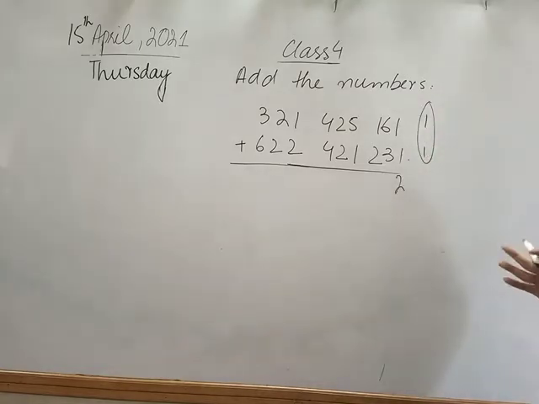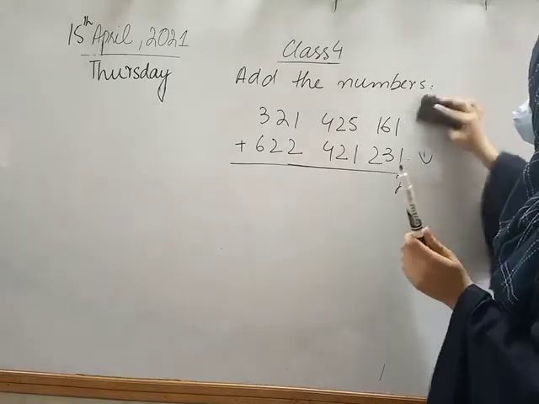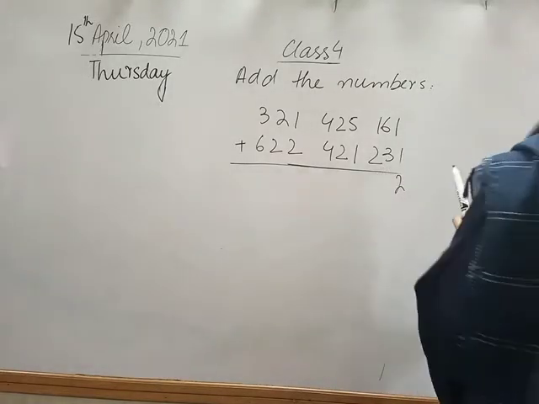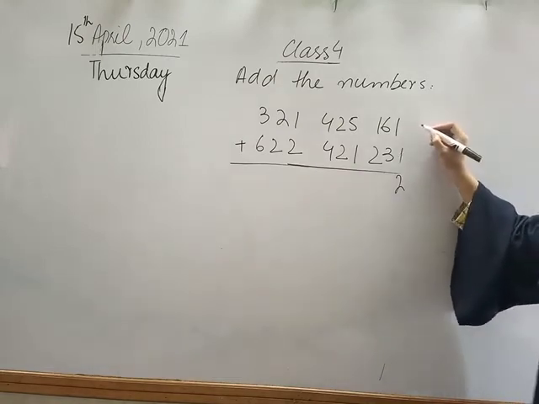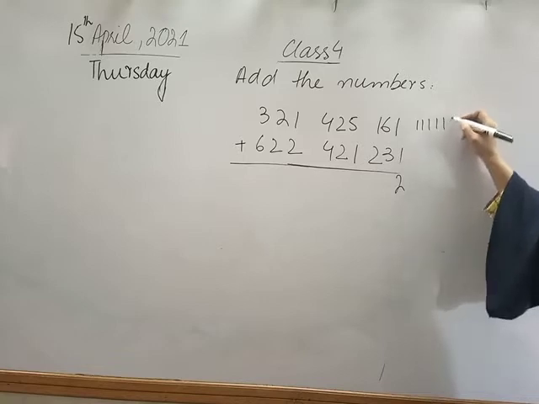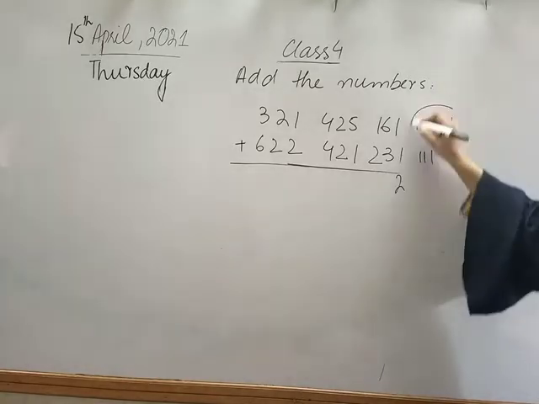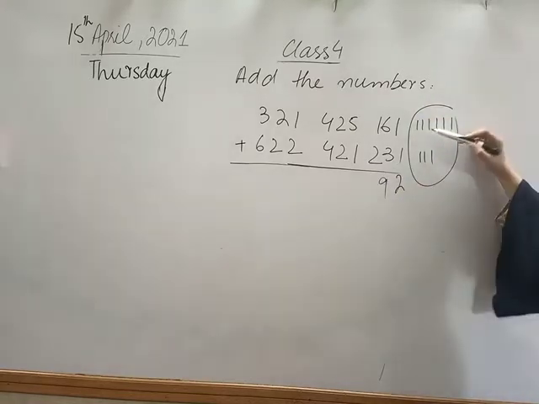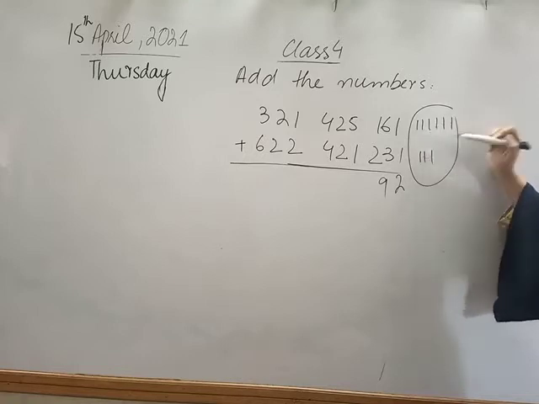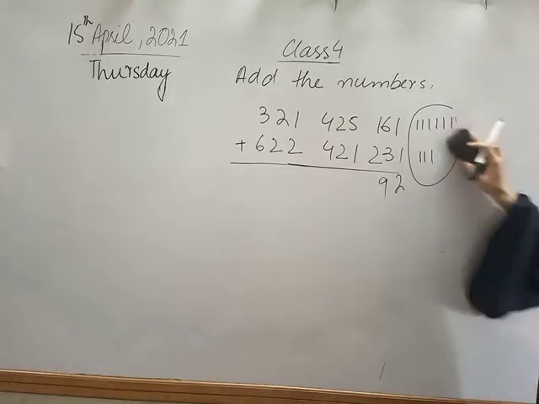Next is 6 plus 3. 6 for upper, 1, 2, 3, 4, 5, 6, and 3 for lower, 1, 2, 3. So class, in total I have 9. Is it clear? Okay.